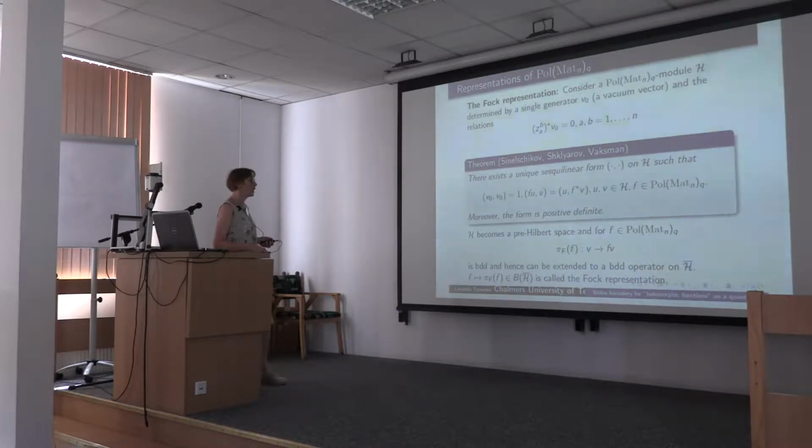This action will be bounded with respect to the norm on H coming from this inner product, and therefore it can be extended to a bounded operator on the completion H bar. This representation will be called the Fock representation of this star algebra Pol_{m,n}^q.